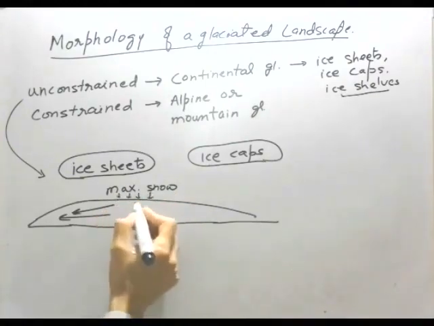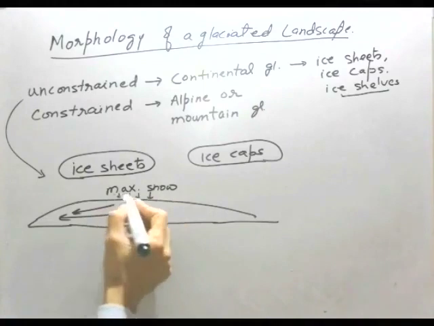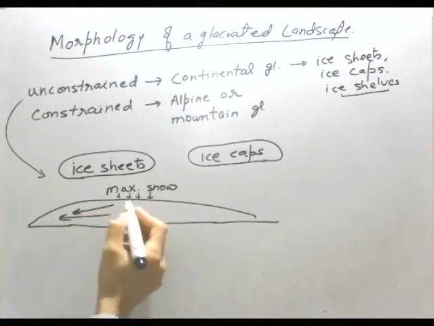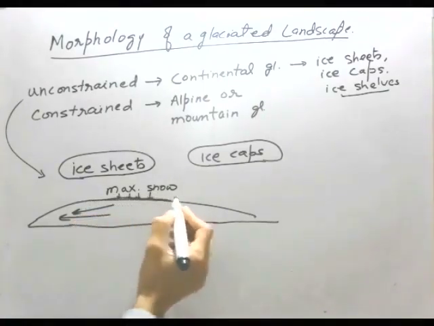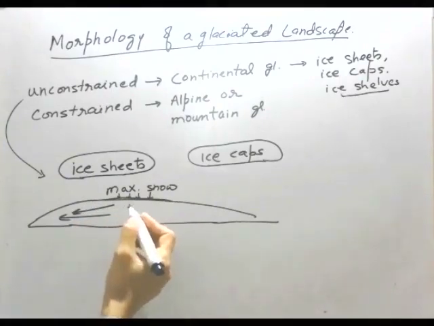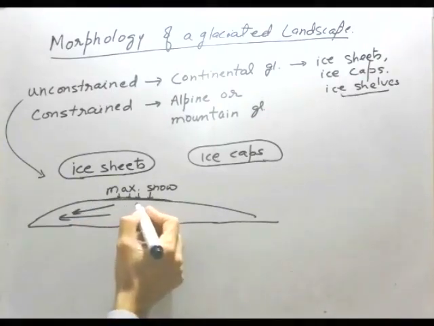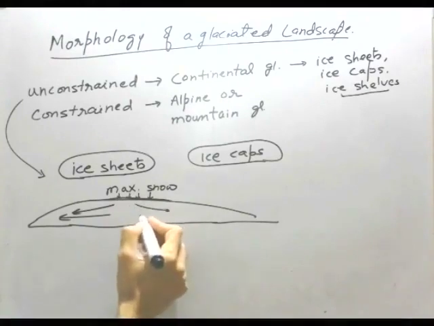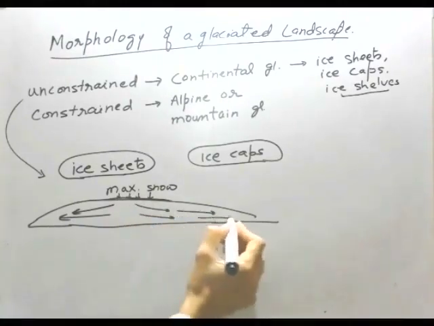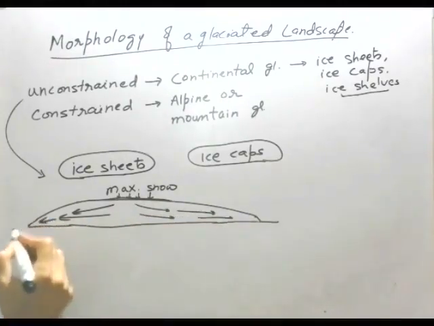Because there is a lot of snowfall over here, this portion becomes higher in elevation by the deposition of snow, and because of the pressure of the overlying ice, the ice radiates out from this portion towards the peripheral regions of the ice sheet.